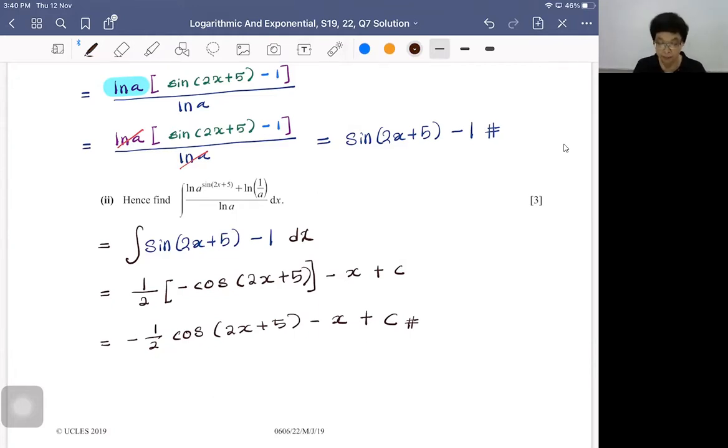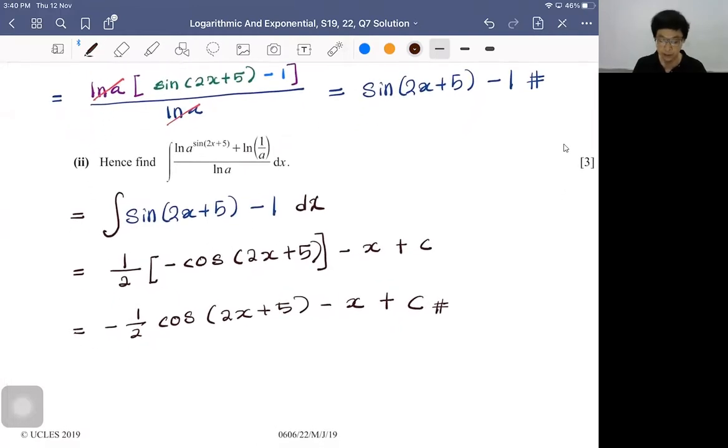Okay, no problem. Now what we do is another part of the integration skill. I'm going to explain for those who haven't learned this yet, and for those who have, take this as a quick revision.